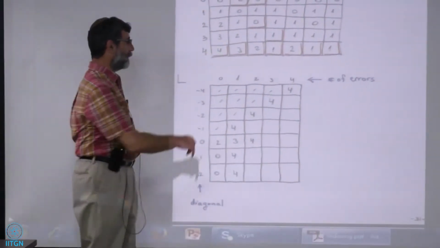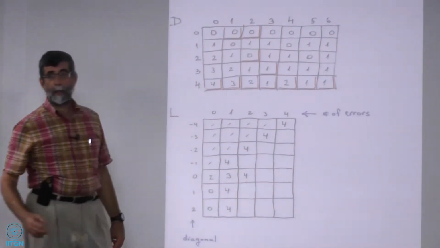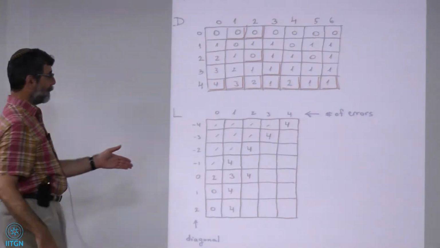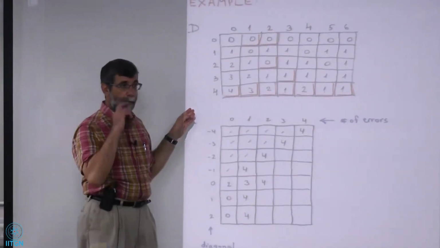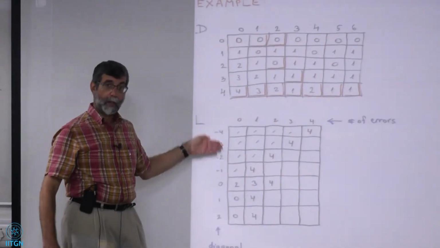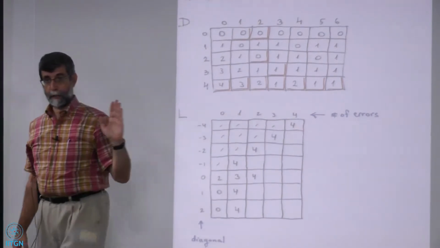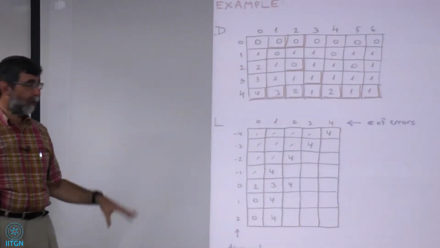Now, because the E is going to be the number of errors, that's the K. So you have a dynamic programming matrix L, and the coordinates are the diagonal number and the error number, so its size is nk. It's not n times m, it's n times k. So, wonderful.